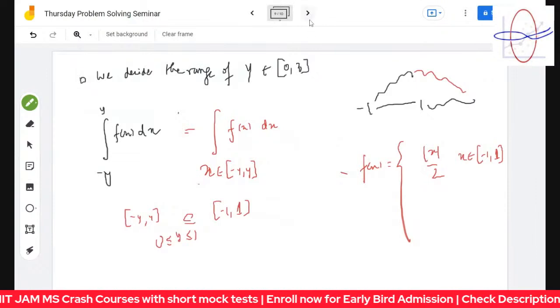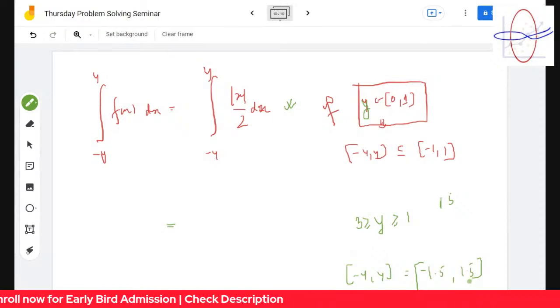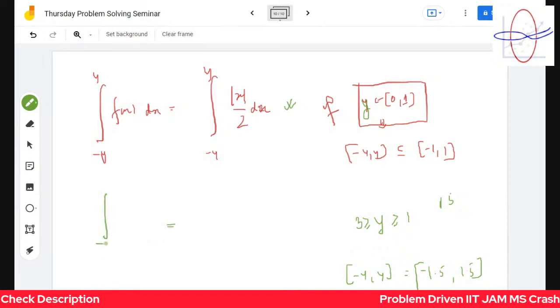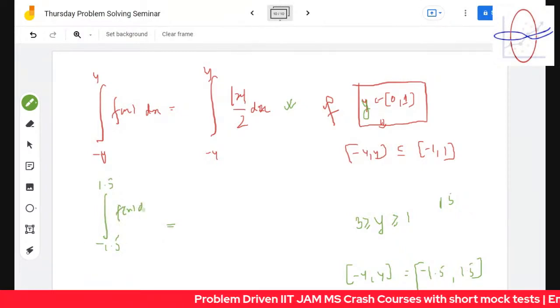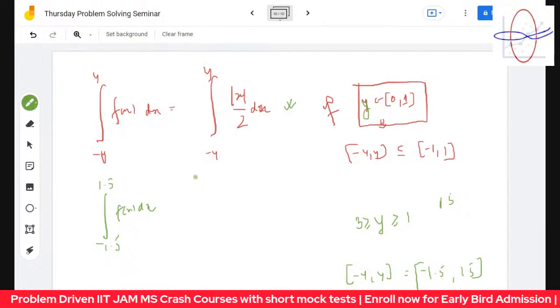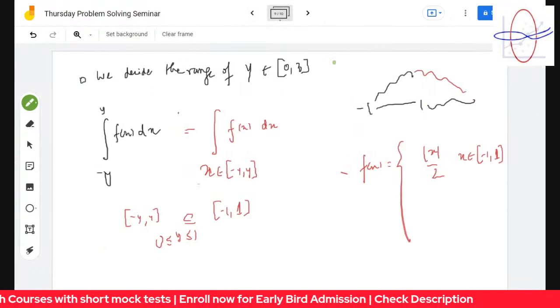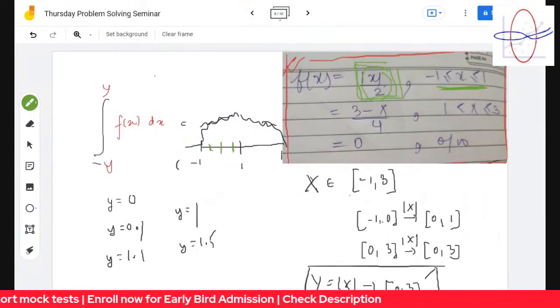So that means the integration from minus 1.5 to 1.5 of f(x) dx is nothing but the integration from minus 1, say f(x) is defined from minus 1, right? Minus 1 to 3.